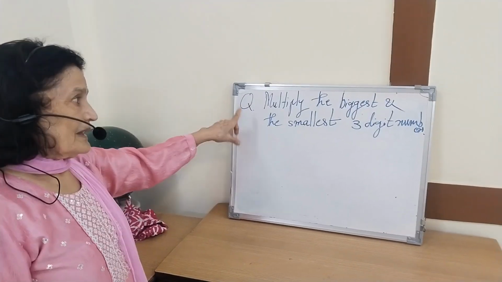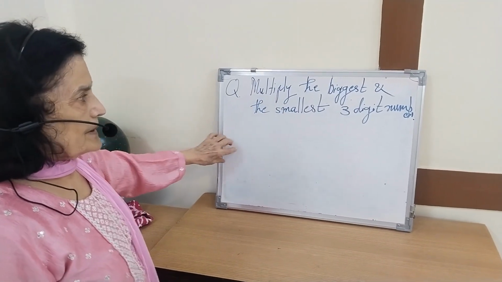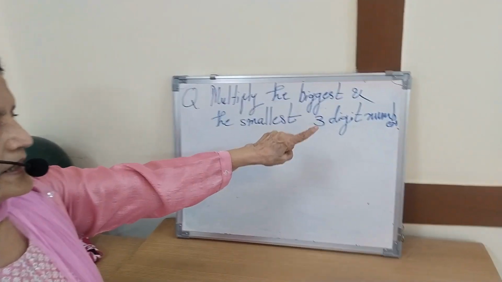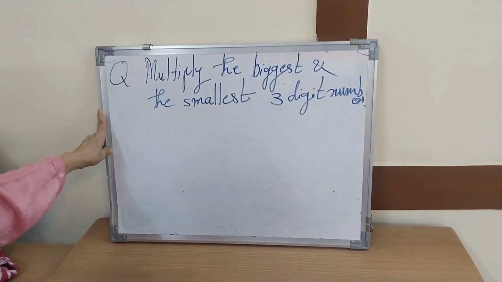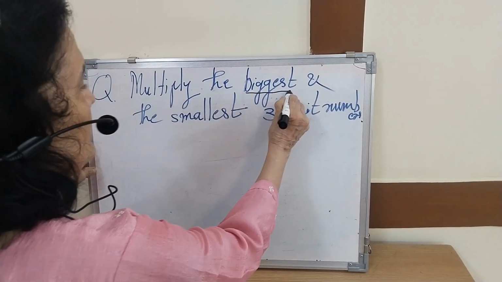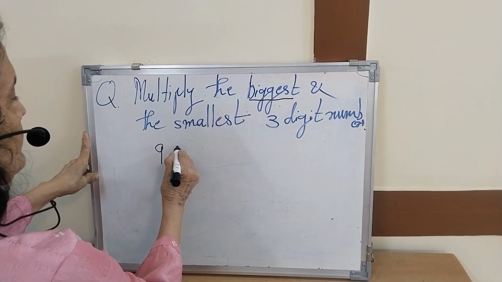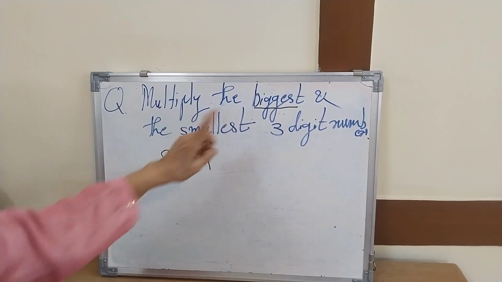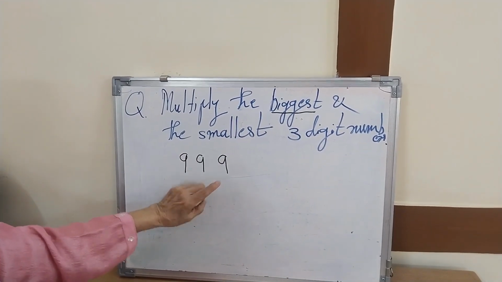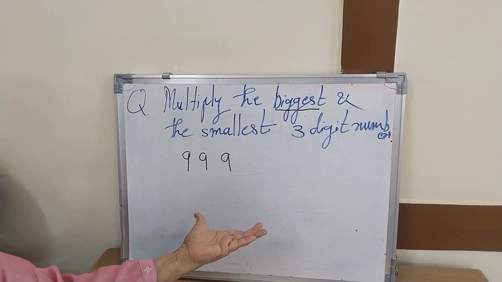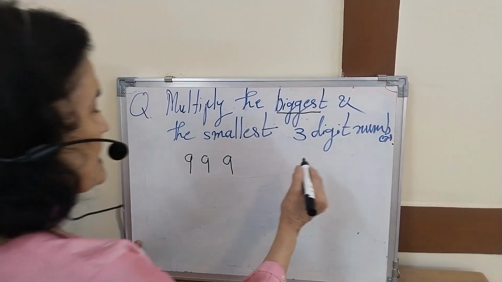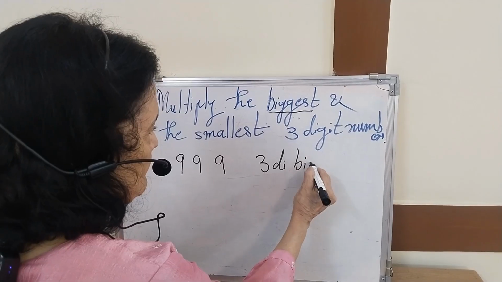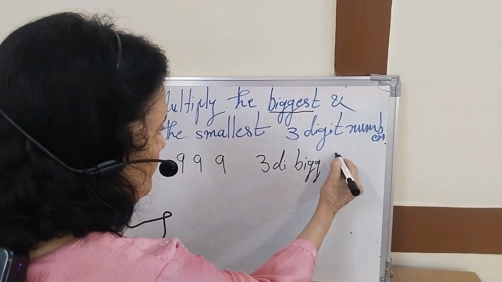Now, honey bunch, let us solve this particular question. Multiply the biggest and the smallest three-digit number. We know the biggest three-digit number is 999, because if we add one to it, it turns into a four-digit number, and hence this is the biggest three-digit number.